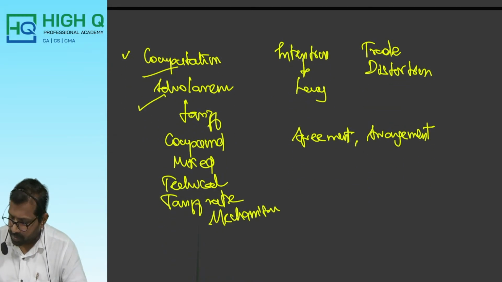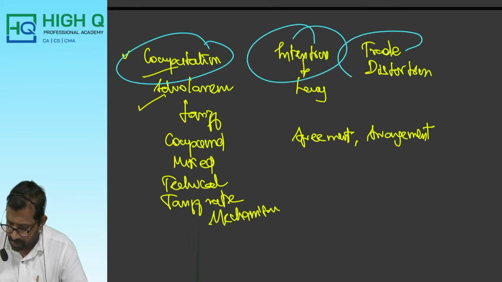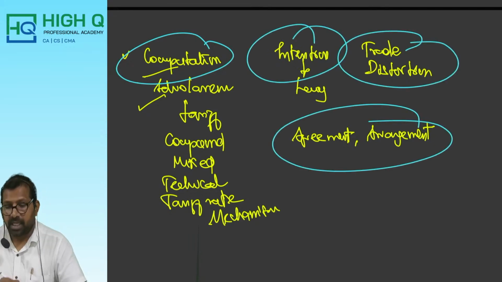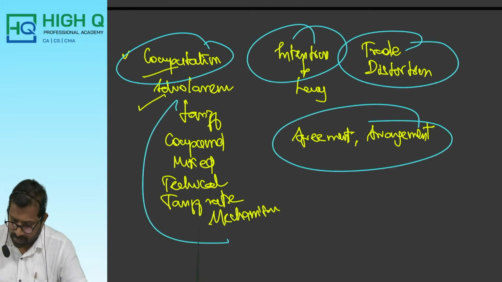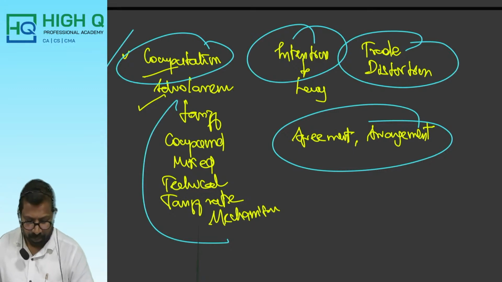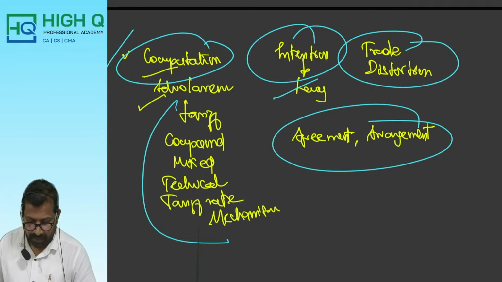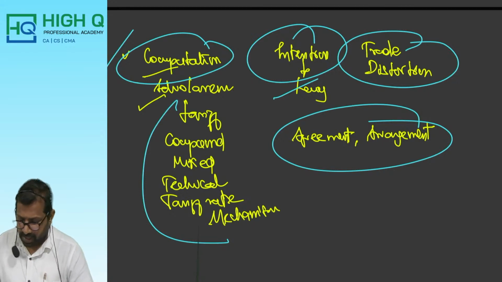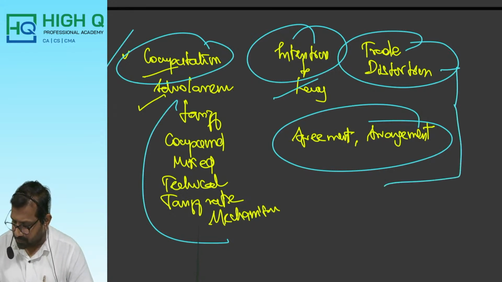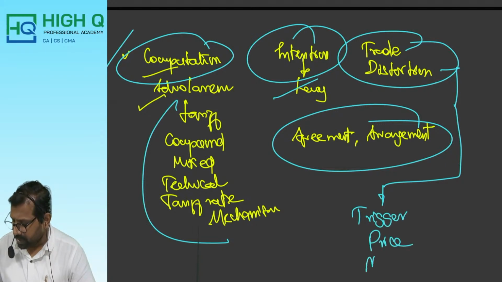Even here we need to understand competition, intention, trade distortion, agreement or arrangement. All these come under which heading? Competition. Levy is a tax: variable, prohibitive, escalated. And another name for trade distortion is nothing but trigger price mechanism.